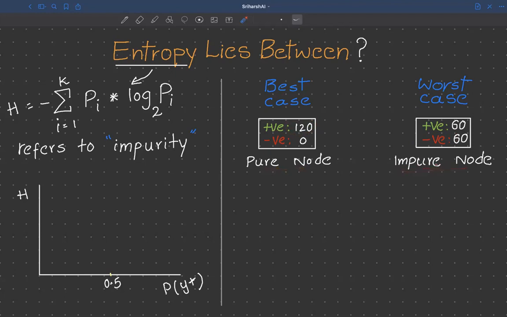Now let's compute the impurity or the entropy in both of these cases. First, I'll compute the impurity for the pure node. It is negative of, first for the positive samples, 120 by the total number of samples, positives plus negatives, into log of 120 by 120.